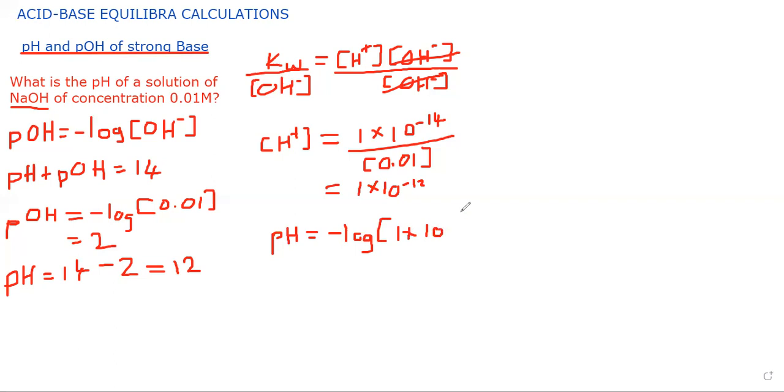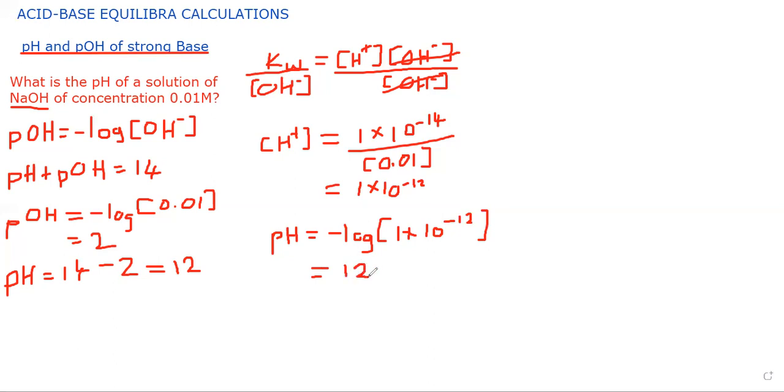But I'm just showing you the two ways. So this is much easier. But I'm showing you both of them still. So the answer you should get here is 12.